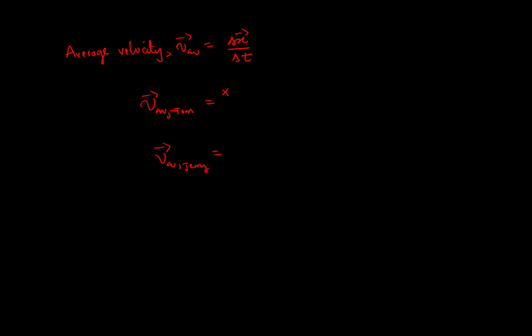So this is normally x final minus x initial divided by t final minus t initial. I'm going to put this in brackets, and then I'm going to add an i hat here because they are moving along the x direction.